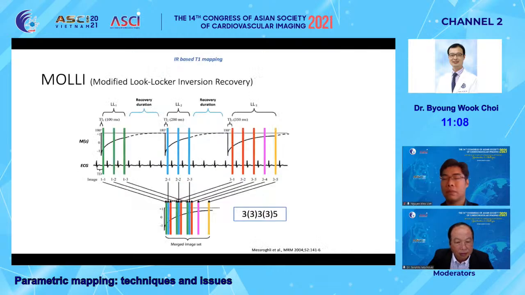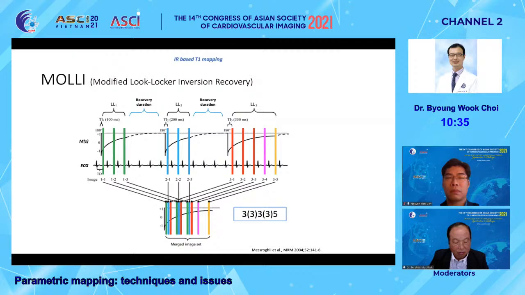Modified Look-Locker inversion recovery, so-called MOLLI technique, is the first method to make T1 mapping possible for the moving heart and in clinical practice. The MOLLI technique uses inversion recovery preparation pulses, single slice, single shot readouts within a cardiac cycle in a specific phase throughout one breath hold, following which the images are sorted into a single data set according to consecutive inversion times.